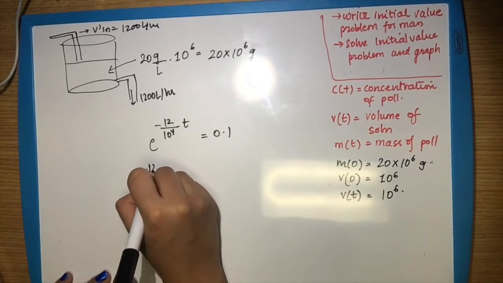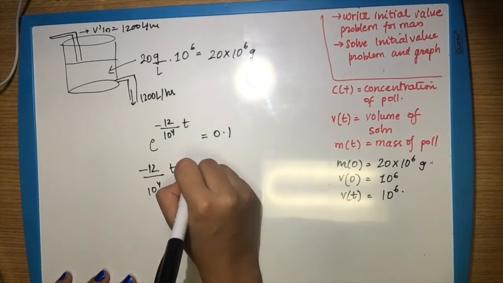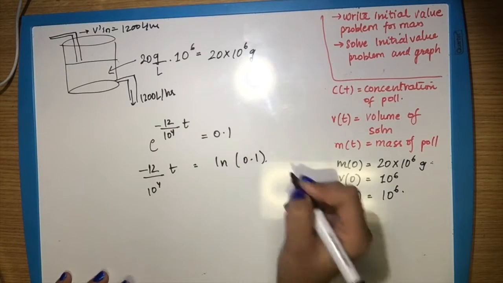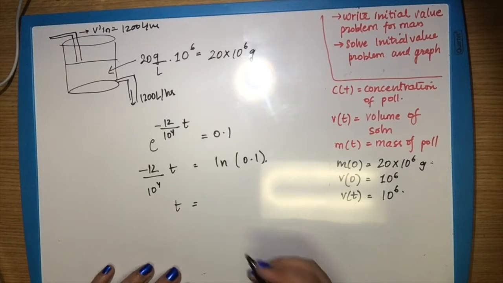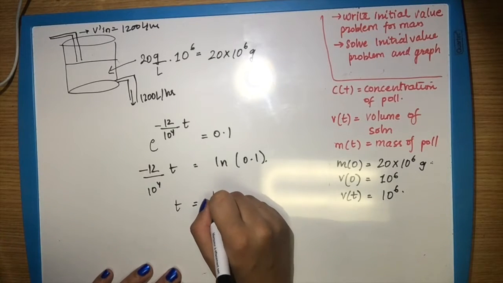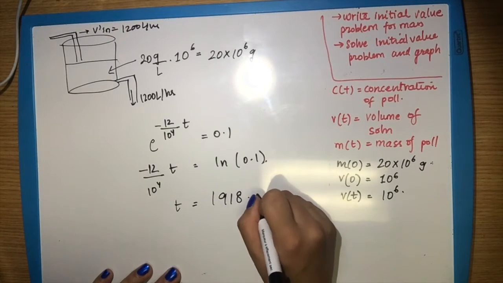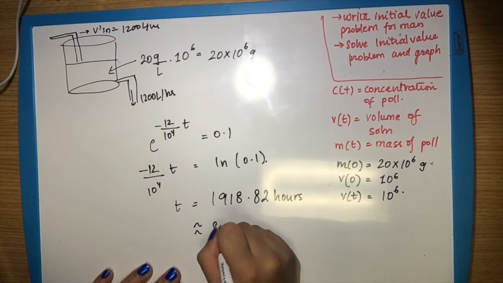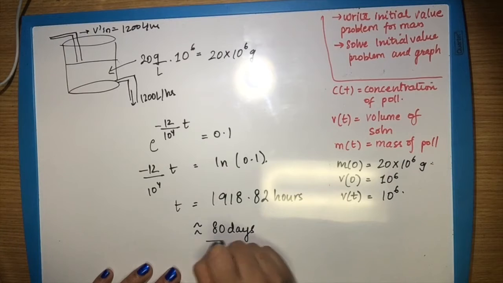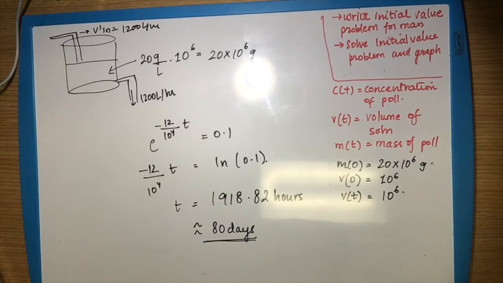Taking ln on both sides, we get ln 0.1, and so t is going to be equal to, plugging it into a calculator, 1918.82 hours, which is roughly 80 days. And so it would take 80 days for the pollutants to become 10% of their initial value. And that's how you'd solve this problem.